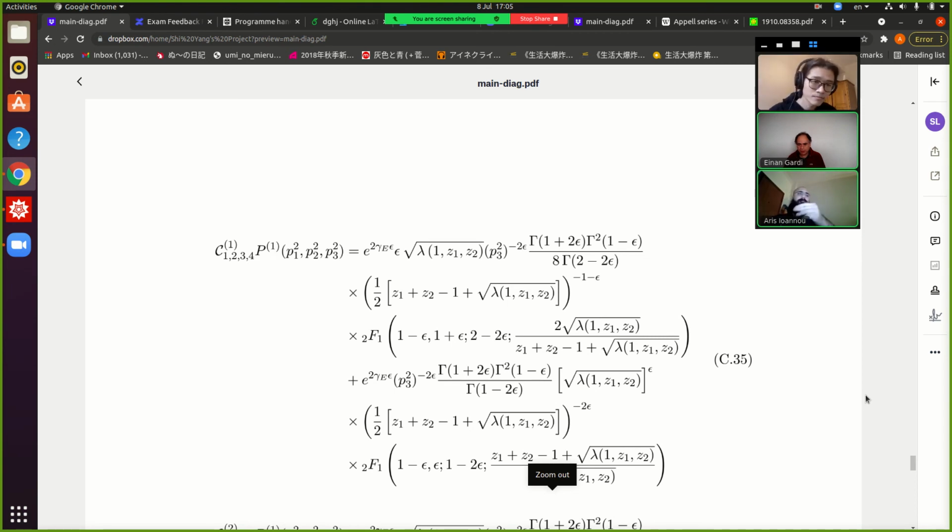Let me see. Alice, do you also think that that would be useful for you? Potentially, we haven't encountered any Appells so far. But if we ever look at something that's two scales, because we're not doing two scale things, right? Yeah. I think we avoided it on purpose because we wanted things that are complicated in other ways.